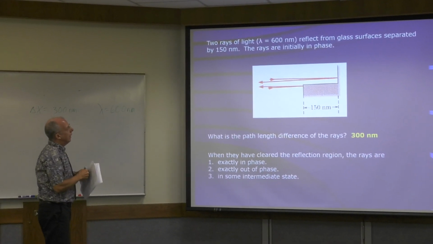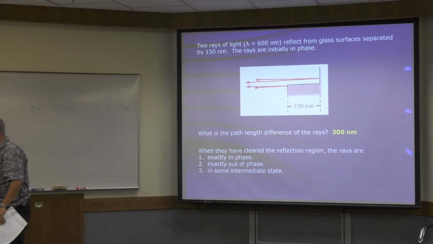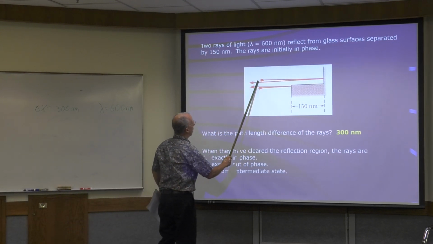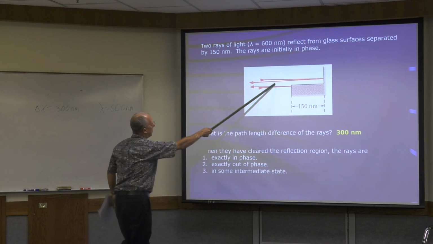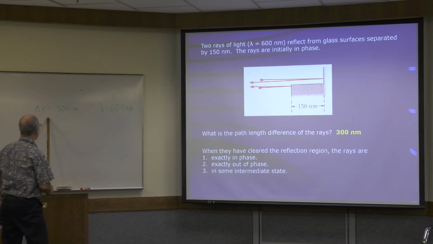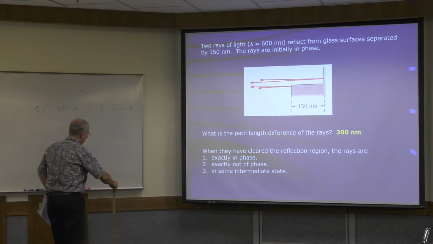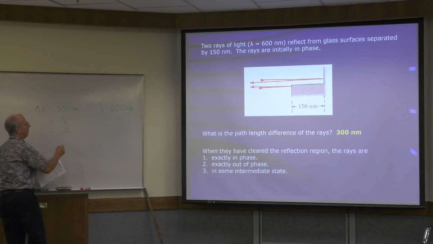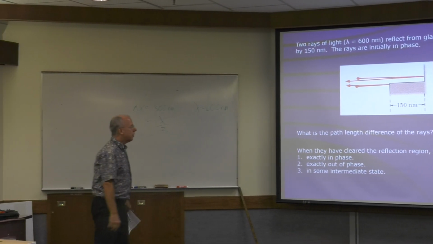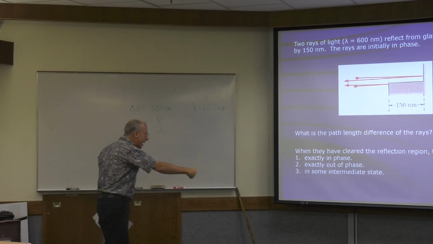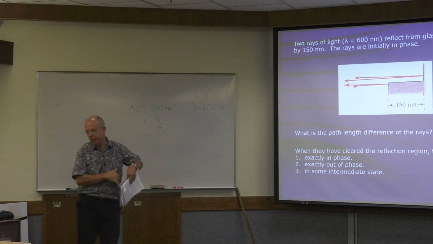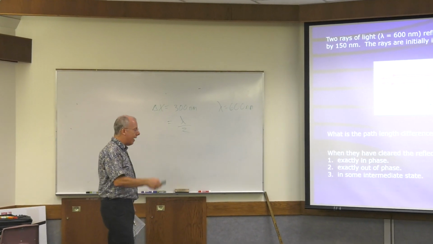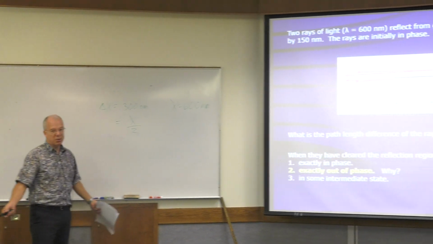Notice it says the rays are initially in phase, when they started off. But then they have this path difference of 300 nanometers, which is half a wavelength. So if there's a path difference of half a wavelength, what's going to happen? I hope you understand by now. They're going to be exactly out of phase, and it's going to be destructive interference.